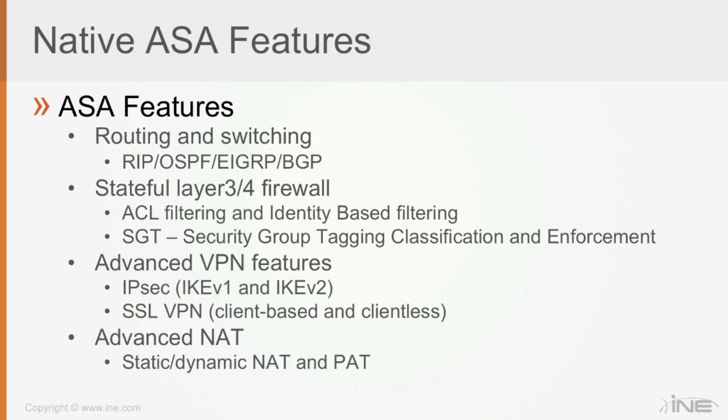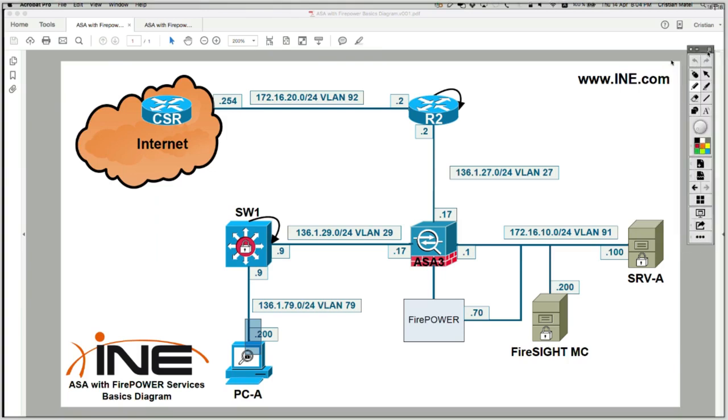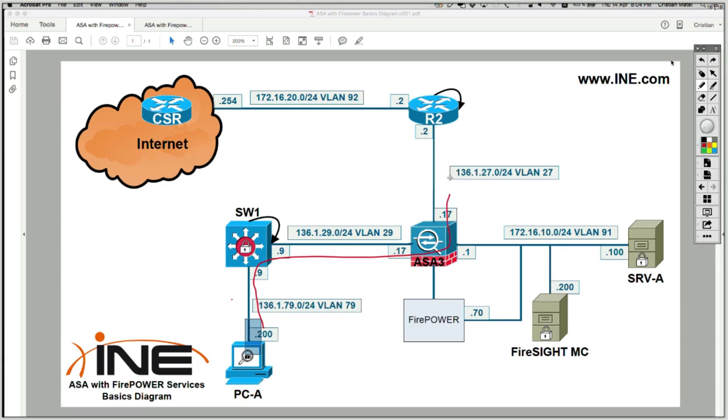So if traffic flows to the ASA like this, from PC A to here, then technically speaking you can have multiple ACLs configured, which of course is not a good thing, but capability-wise you can have an inbound ACL configured on the ingress interface, you can have a global ACL configured on the ASA, and you also can have an outbound ACL configured on the egress interface.